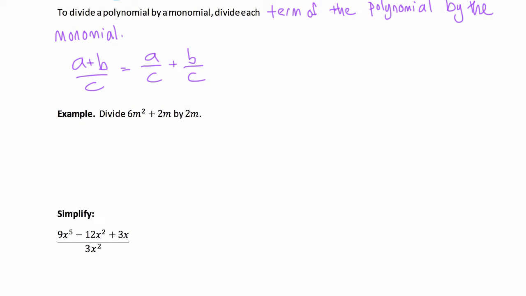So here's a couple of examples. Here's one polynomial, and that whole polynomial is getting divided by 2m. So what they're talking about is 6m squared plus 2m, and that whole thing is getting divided by 2m.